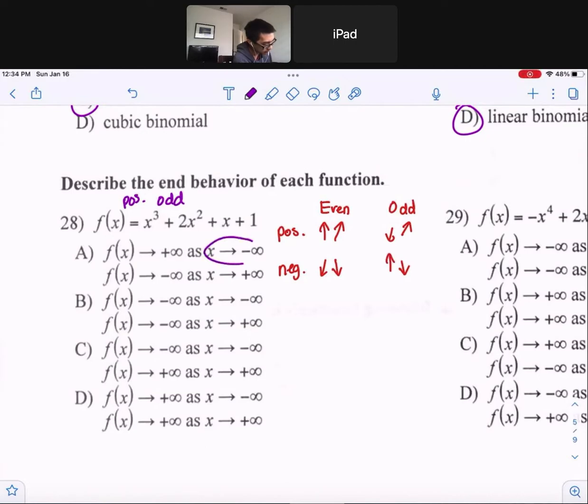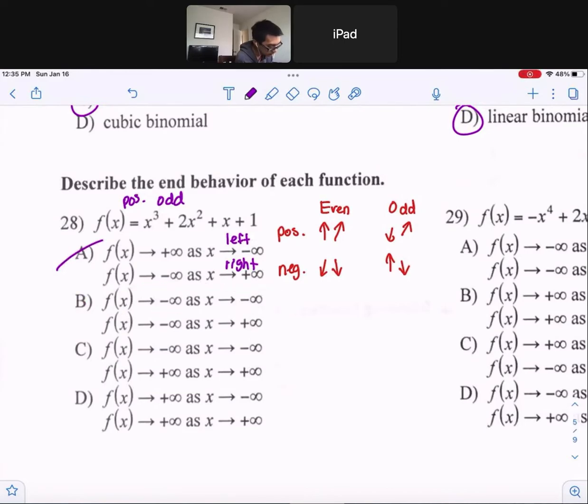So remember, if it says as x approaches negative infinity, that's talking about the left-hand side, and as x approaches positive infinity, that's talking about the right. So we're looking for when the left-hand side is going down and the right-hand side is going up. Left-hand side going down, not this one. Okay, left-hand side going down, right?